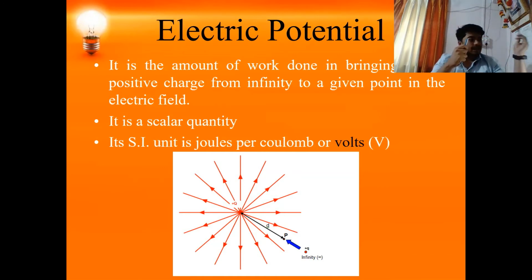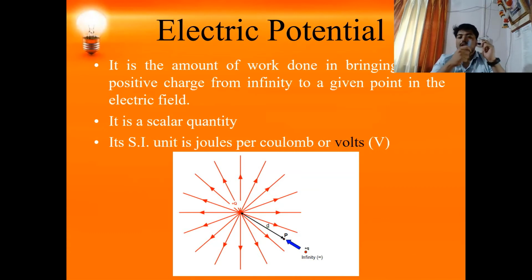When this unit positive charge is brought from infinity towards this positive charge, there has to be some work done, because they both are positively charged and tend to repel each other, like charges repel each other. Hence, we have to do certain work against the field of this charge.